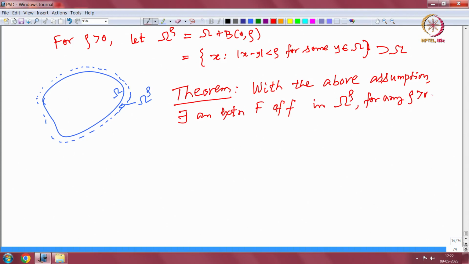Okay. Such that, again the estimates are important for us, so that control, again extension in the same class. Okay, so that the Hm norm on omega rho is less than or equal to a constant times the Hm norm in omega.